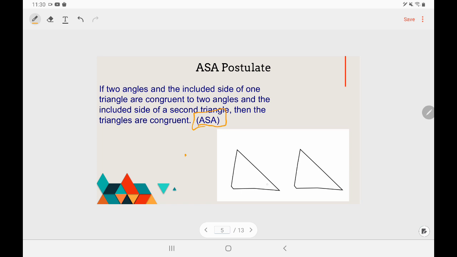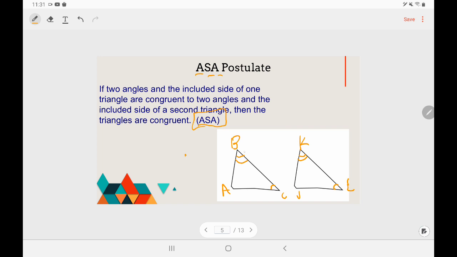If I have one angle, and remember we mark angles with an arc. If I have one pair of angles that are congruent, let's name our triangles ABC and JKL. If C and L are congruent and B and K are congruent, then in order to be congruent by the angle side angle, I need the included side to be congruent as well.